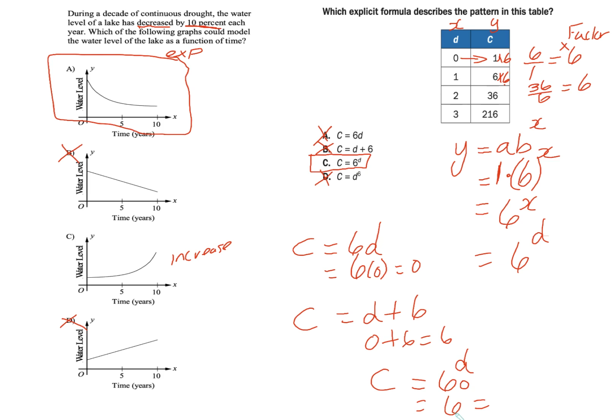And remember from exponentials, anything raised to the 0 power is a 1. Let's try it over here. Suppose our D is 1. So we'll have 6 to the first power is 6. 6 to the second power is 36. So if you don't want to, you can plug in the values into each equation to figure out which answer it is. I hope these examples have been helpful.